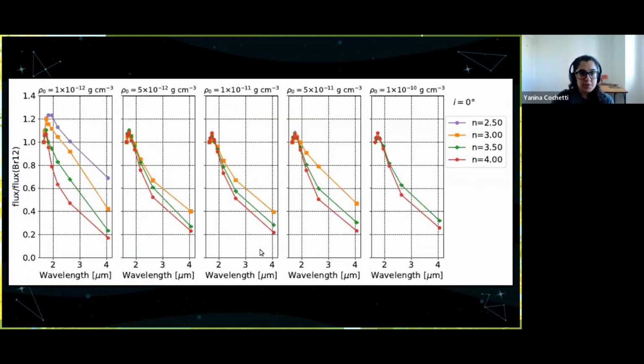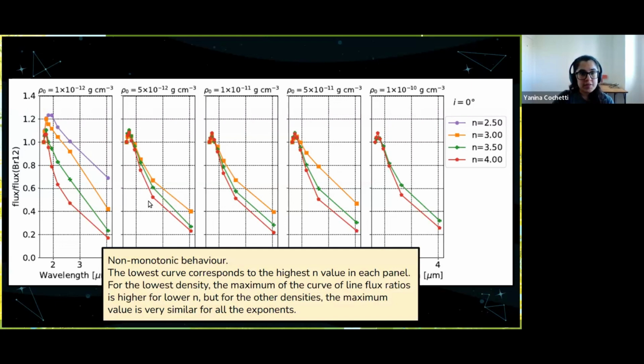We also made this diagram with the flux ratio, not the equivalent width, also over the flux for Brackett 12. And it's also different colors for different n values and different panels for different densities. And we can see here that we have non-monotonic behavior, that if you remember the figures with the data of our large sample, we have non-monotonic behavior in these curves.